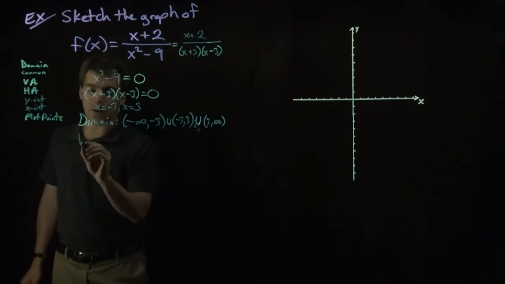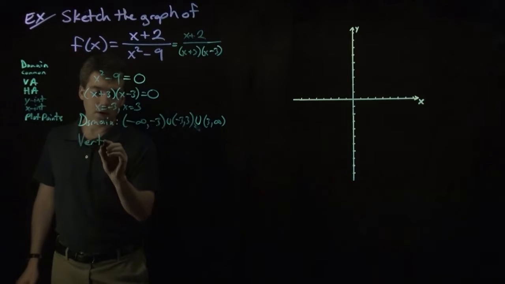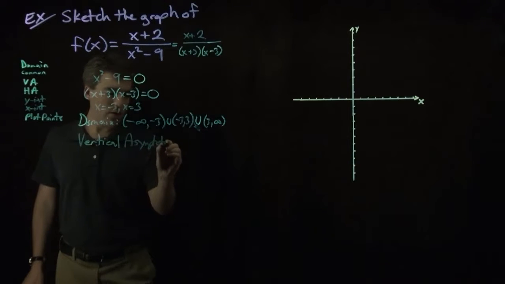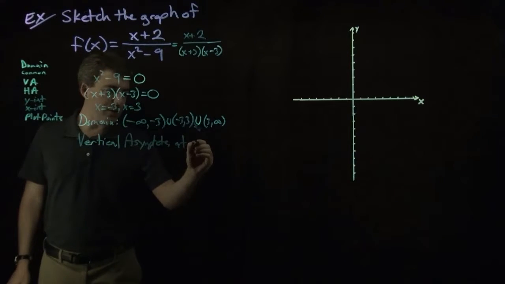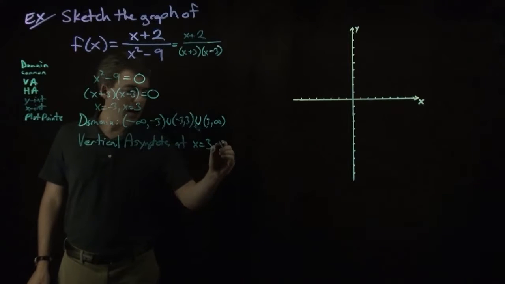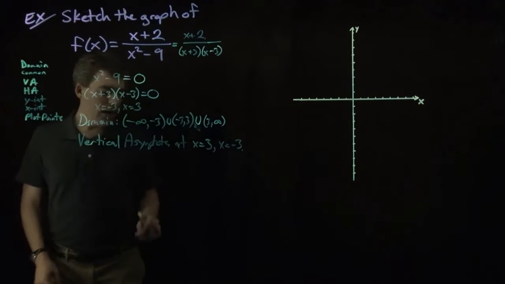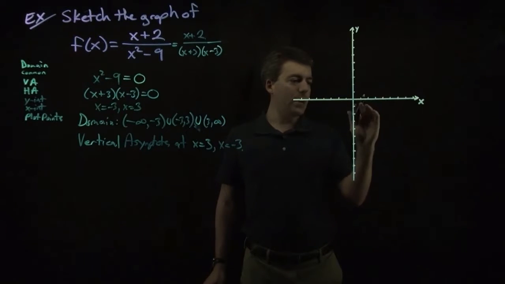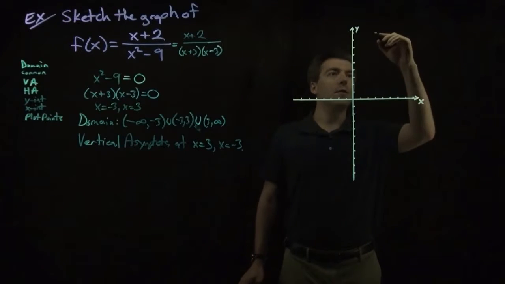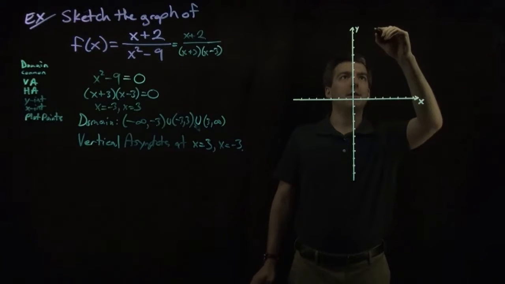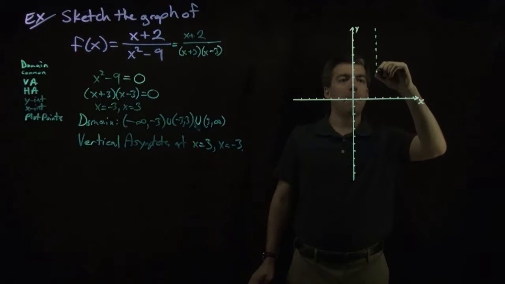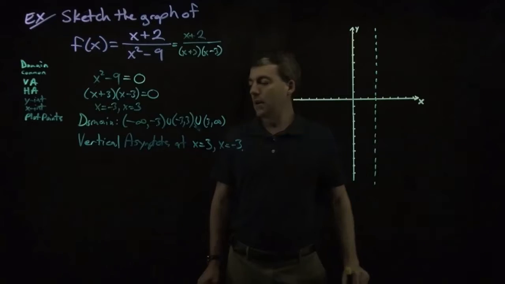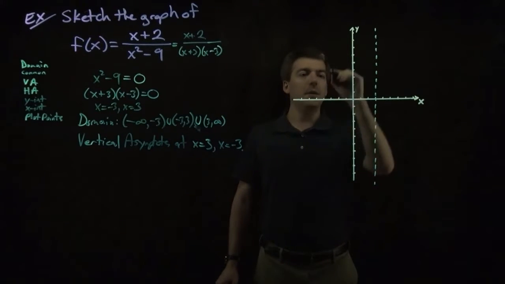So we know that there are vertical asymptotes at x equals 3 and x equals negative 3. And we can go ahead and plot those on our graph. So here we have positive x, 1, 2, 3. So we have a vertical line here. I'll just put that in as a dotted line. And negative 3. So 1, 2, 3.